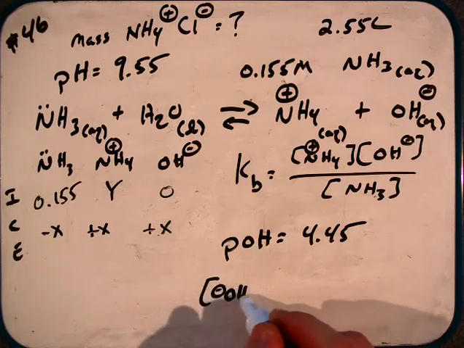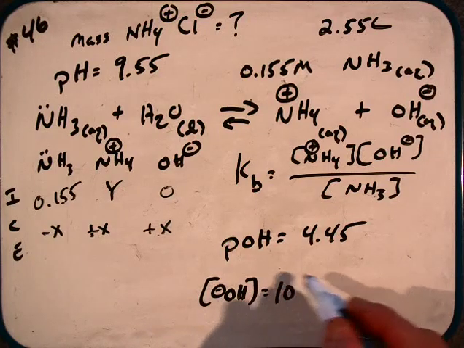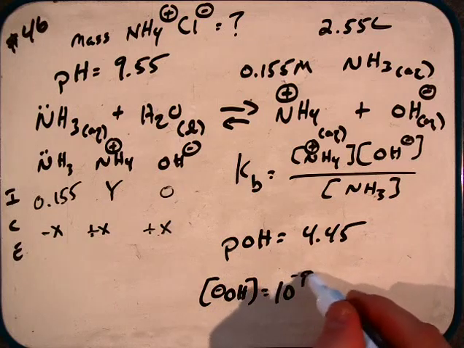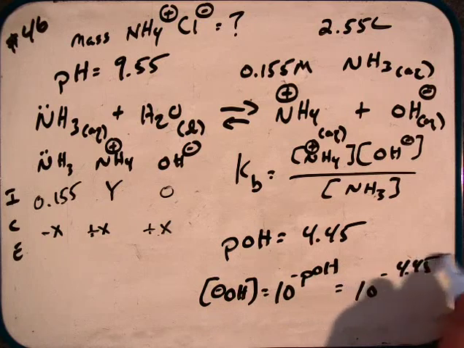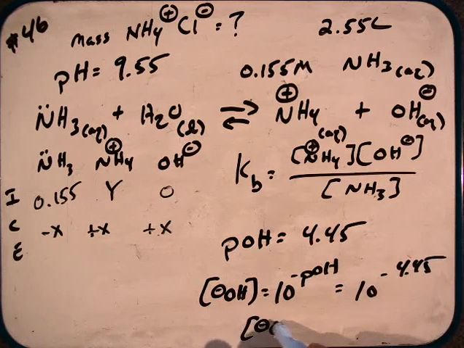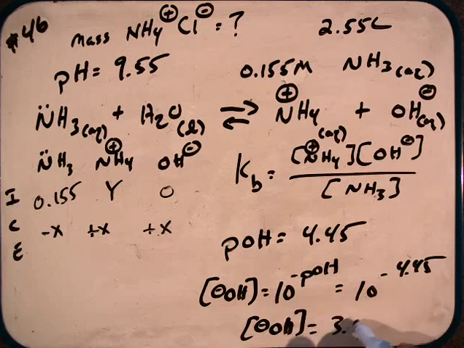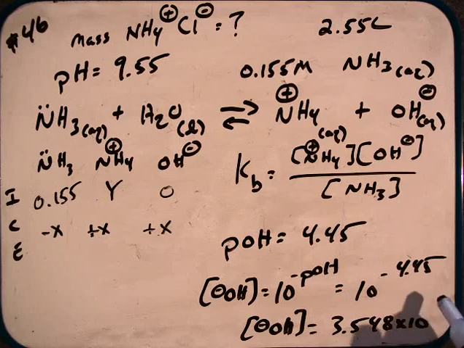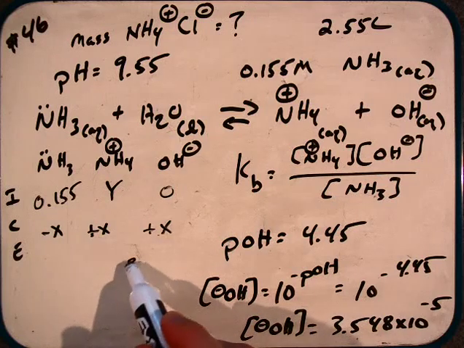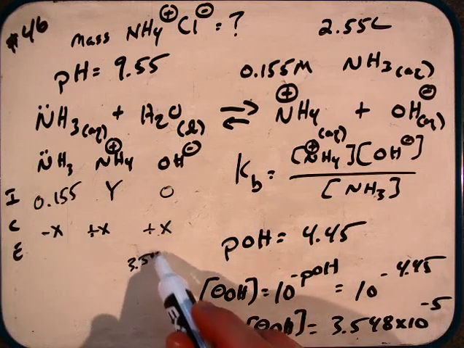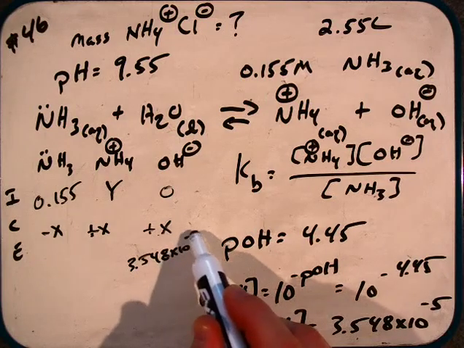I can figure out that hydroxide concentration by taking 10 to the negative pOH, or 10 to the negative 4.45. That gives me a hydroxide concentration of 3.548 times 10 to the negative fifth.